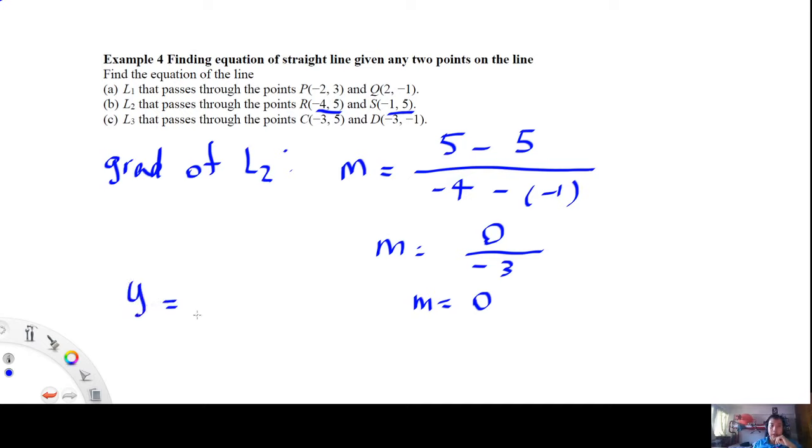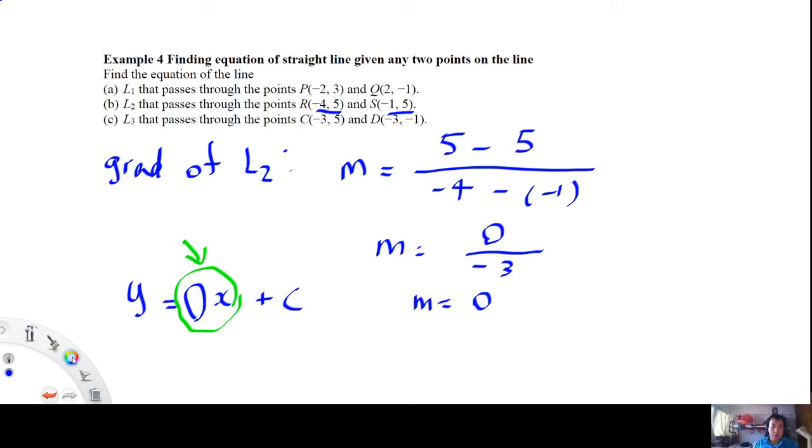But if it's 0x, I don't have to write it out, right? I can write it out, but I need you all to note that this part will disappear, because it's a 0x. But I can follow the rules: y equals 0x plus c. If this part disappears, it doesn't matter what x is. Because these 2 numbers are the same, this is a horizontal line.